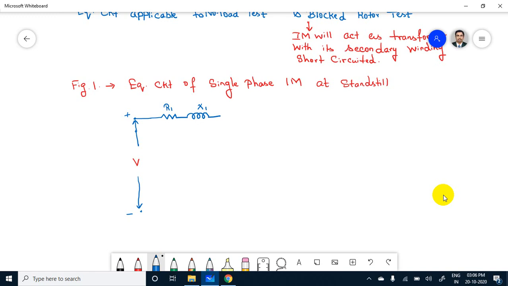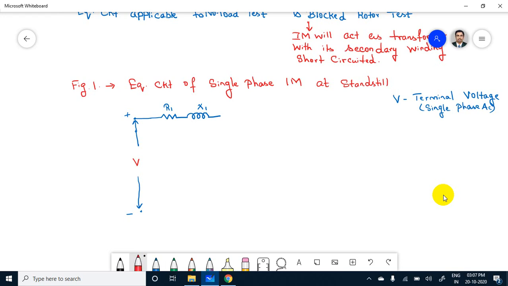So V is the terminal voltage, that is single phase AC.